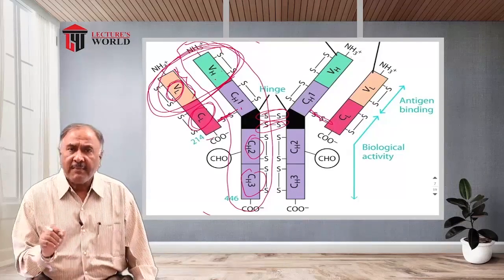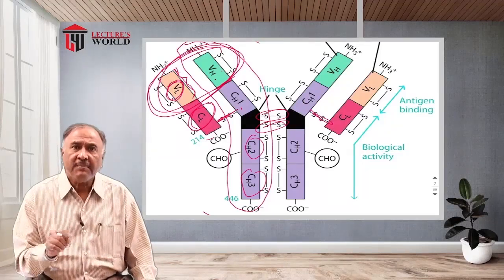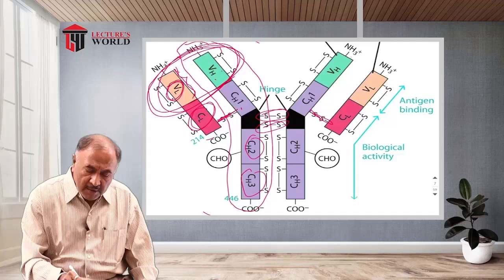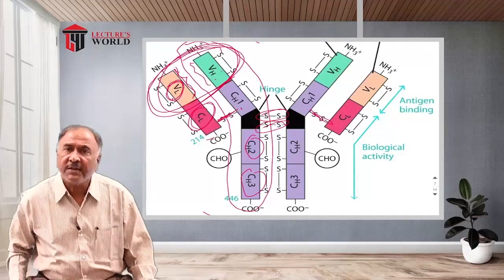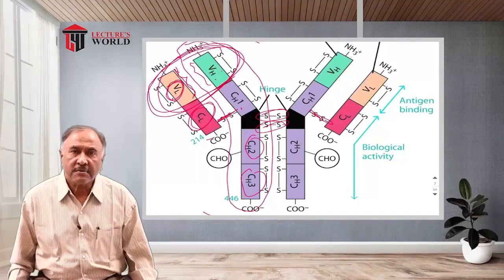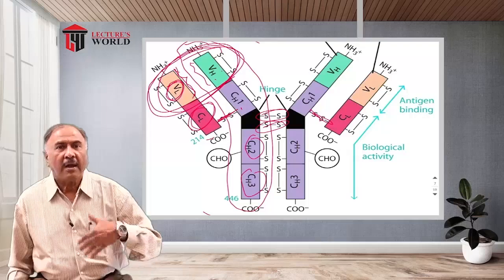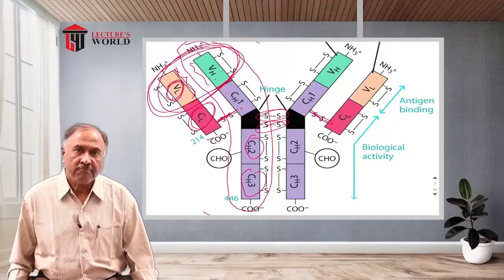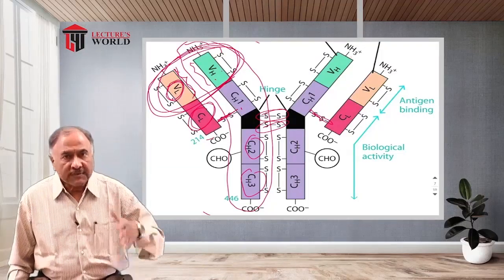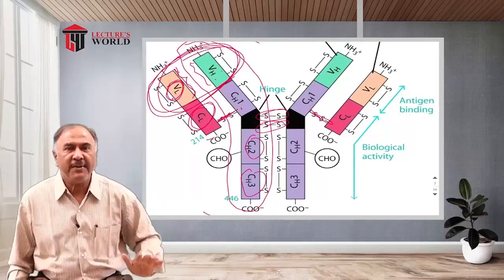And again, I am reminding you that variable means the sequence of amino acid in this region may alter. They are not same. While in case of constant region, the sequence of amino acid in this peptide more or less remains same.